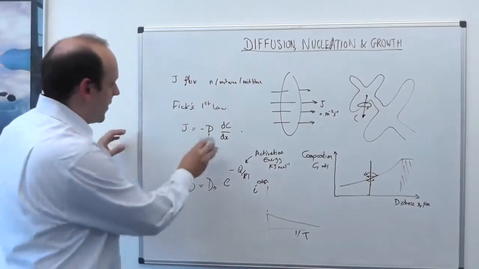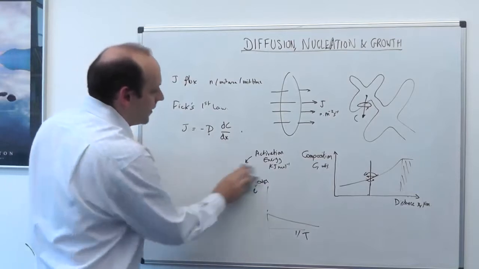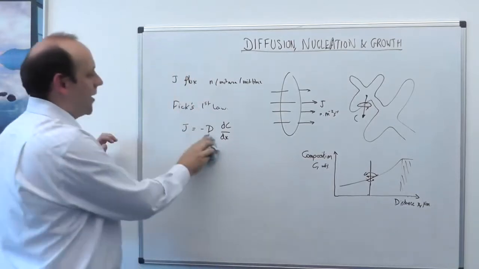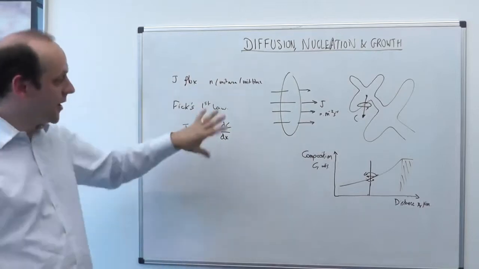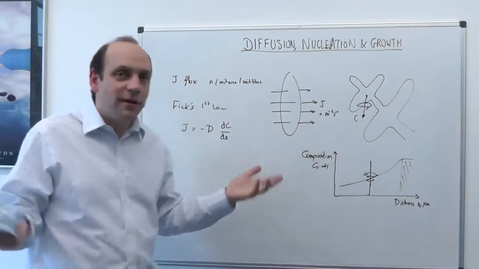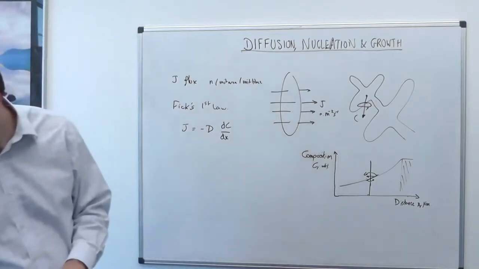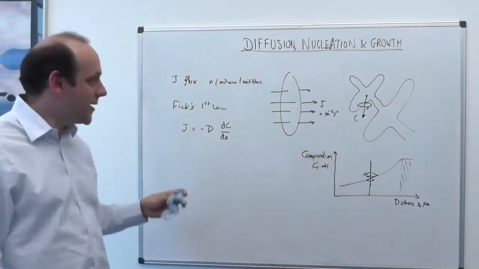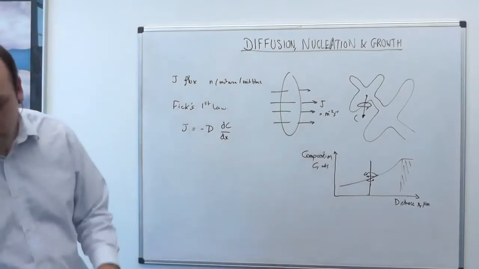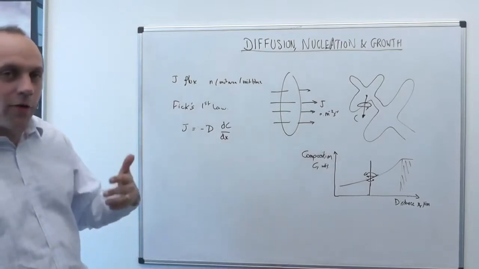So that's how we would go about taking our ingot that we've solidified and homogenizing it. We can do all the calculations for how this would flatten out in something like 204.